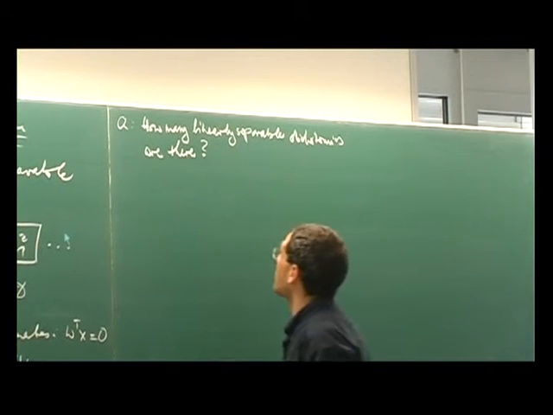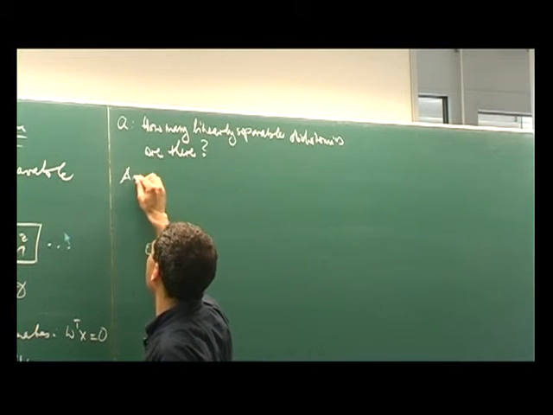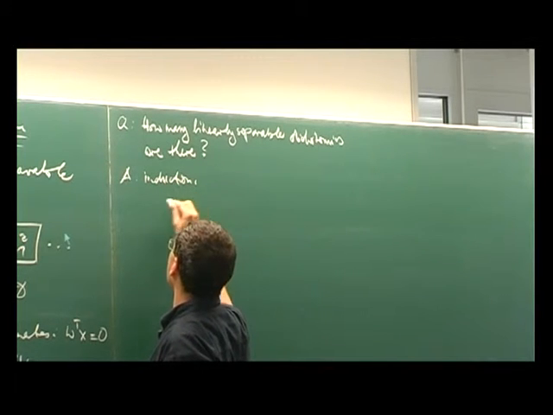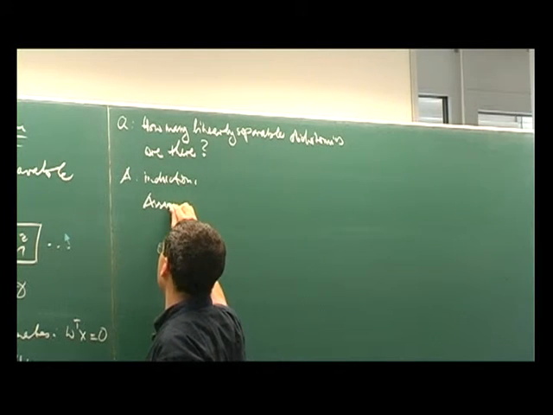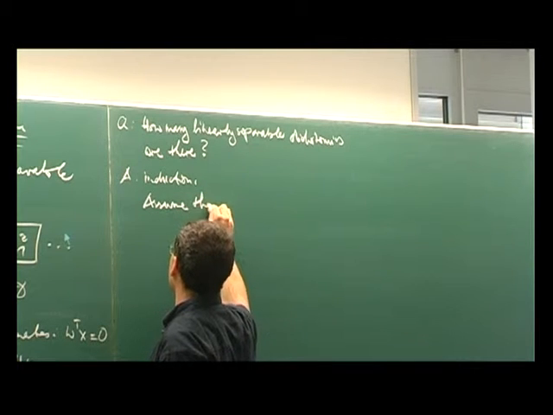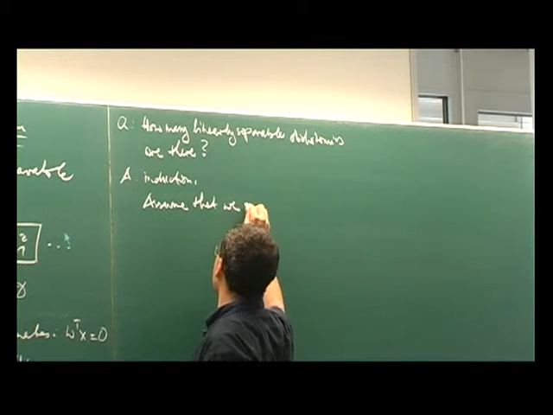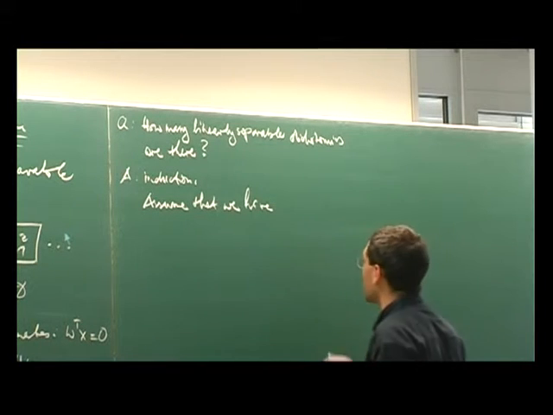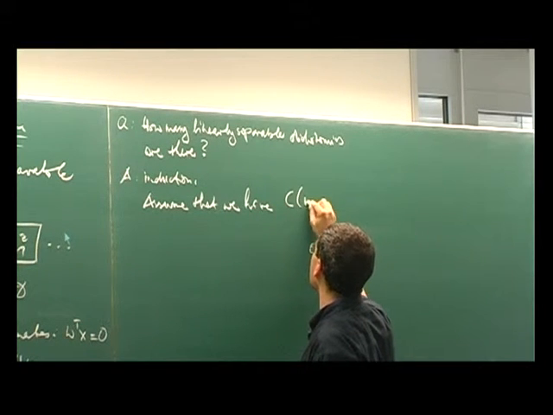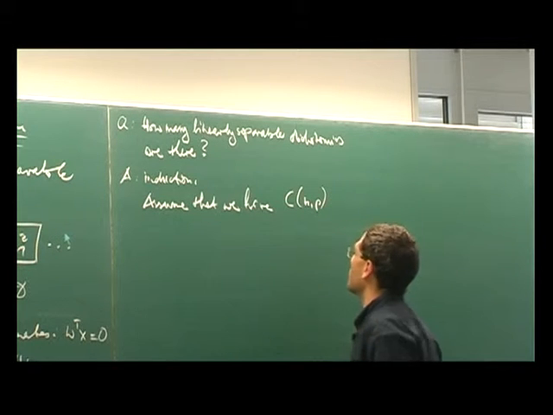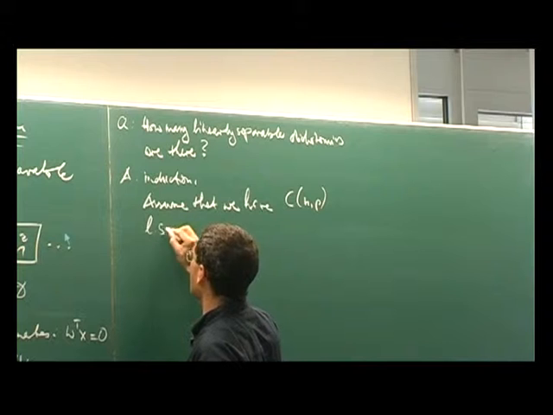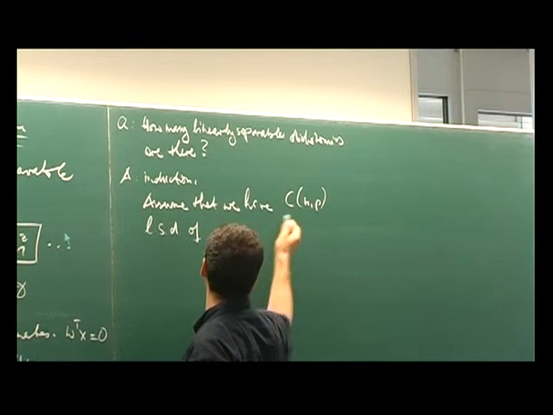So assume first that we have a number C of n and p linearly separable dichotomies.